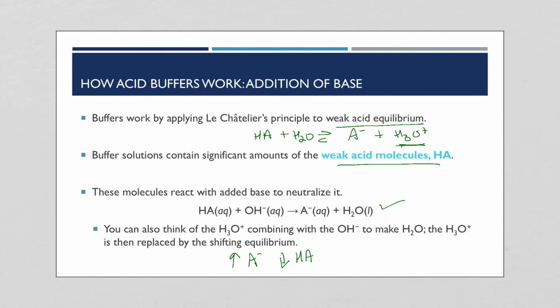As we create more A minus or more HA, the equilibrium will compensate.